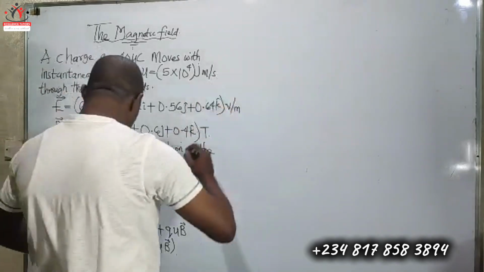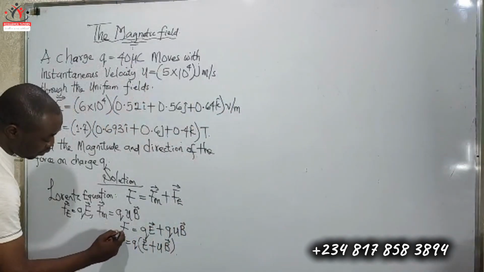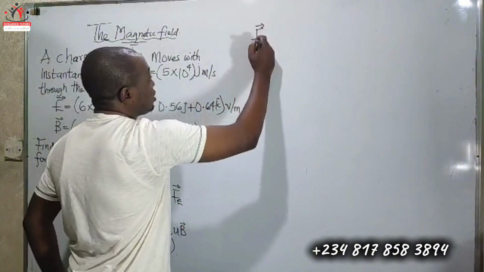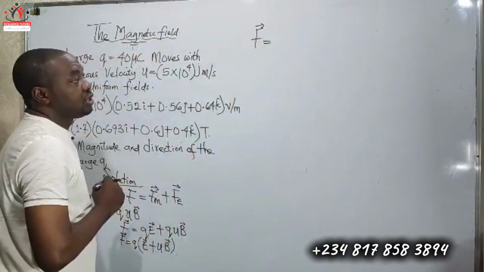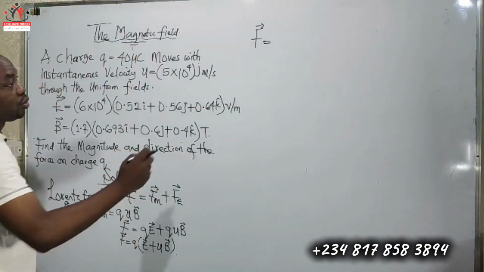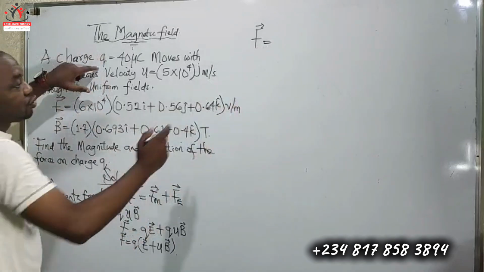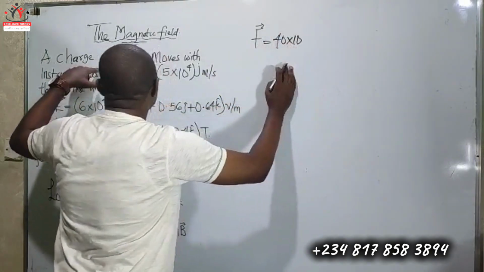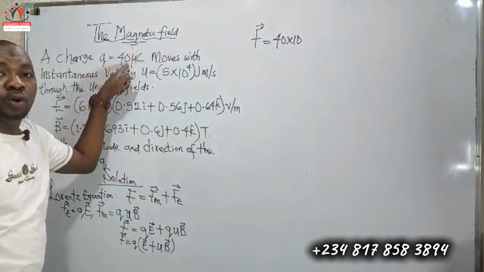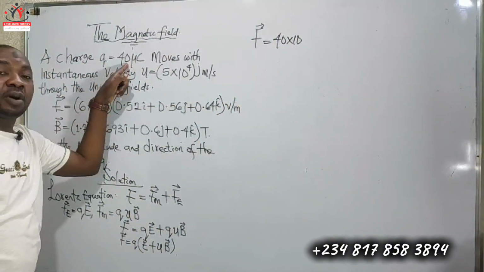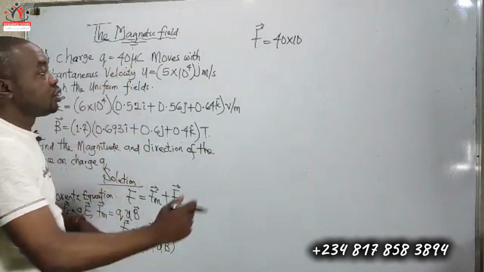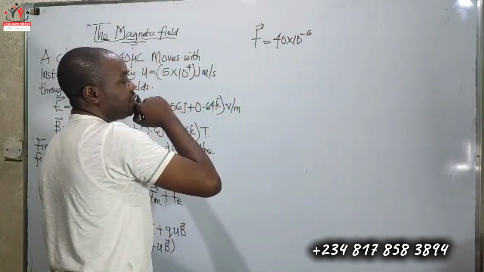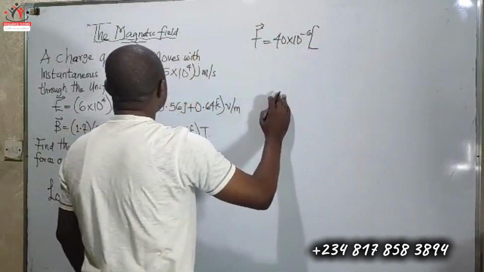So to calculate the vector force on the charge using the Lorentz equation, we start with the magnitude of the charge, which is 40 microcoulombs. And we know that 1 microcoulomb is 10 raised to the power of -6 coulombs. So we have 40 multiplied by 10 raised to the power of -6. Now open parentheses.